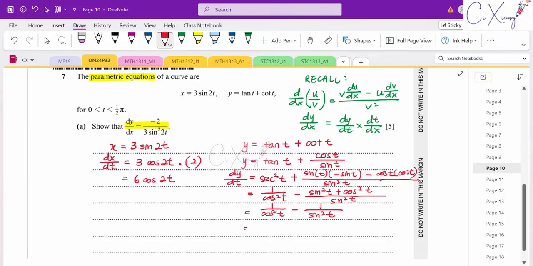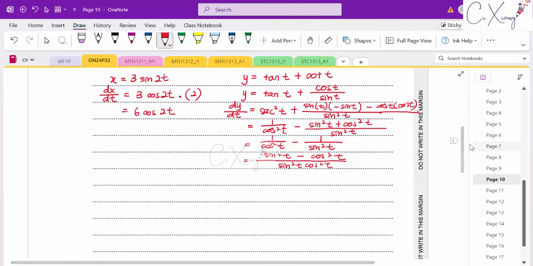Of course you can combine it later if you want. So for me, I want to combine it directly here. So I'm having sine square t cos square t, then I'm having sine square t minus cos square t. Yeah, so until this stage, only then do I start combining these two equations together.